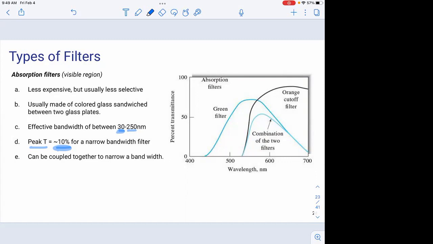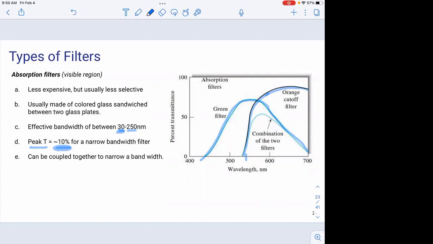So in this image to the right, you see a green filter here, and it passes about, I don't know, 540 nanometers of light. That's where the transmission maximum is. You could also pair it with an orange cutoff filter, okay, so that this filter in particular will cut off any transmittance with higher wavelengths than that orange color.